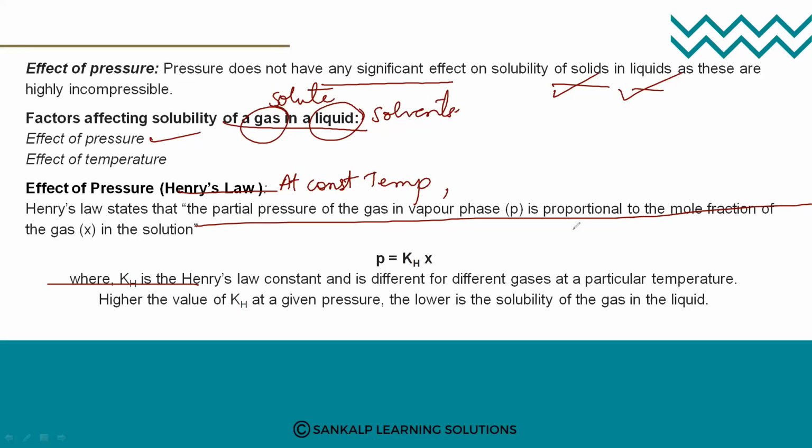Here you mention at constant temperature. Any one of the statements you can write for Henry's law. If you want to write it in mole fraction, you have to write it like this.